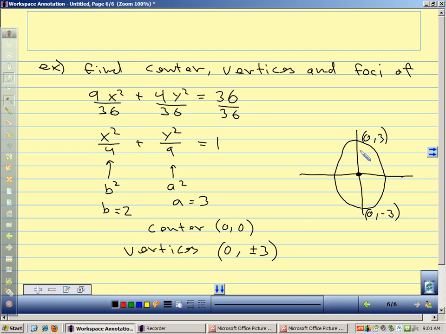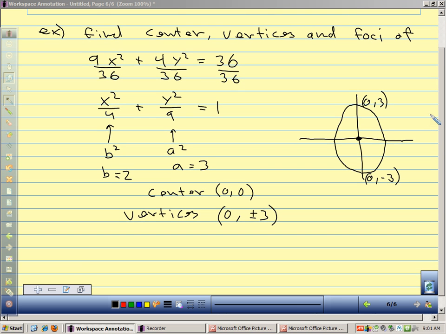So I'm going from 0, 0, going up 3 and down 3, a units. A is 3, but it's under the y. So when the bigger number is under the y, we're going to have a vertical major axis.